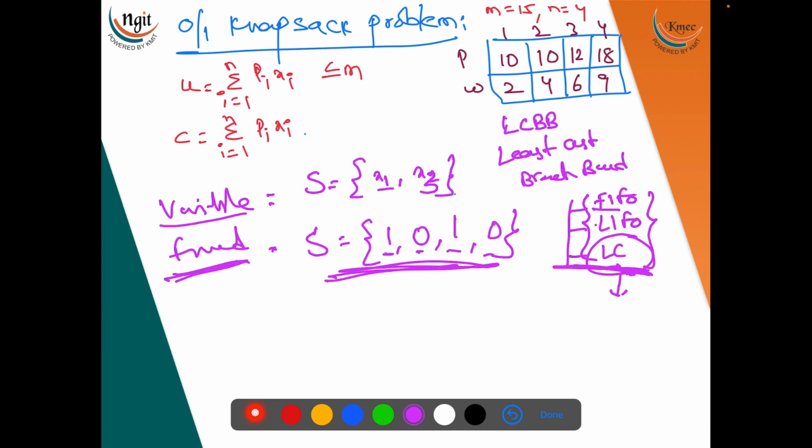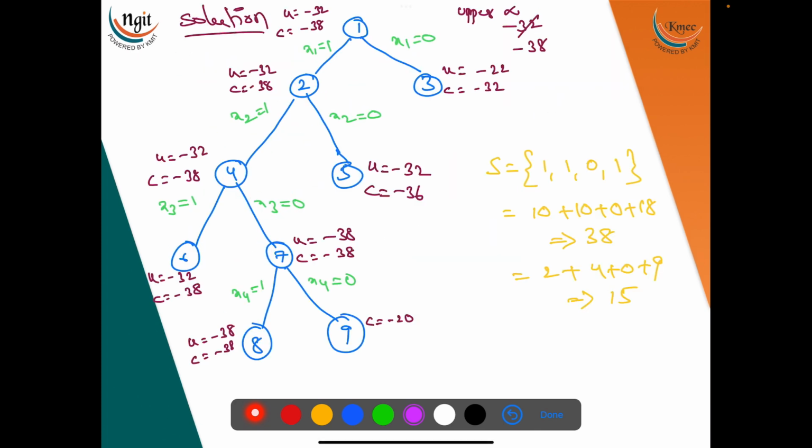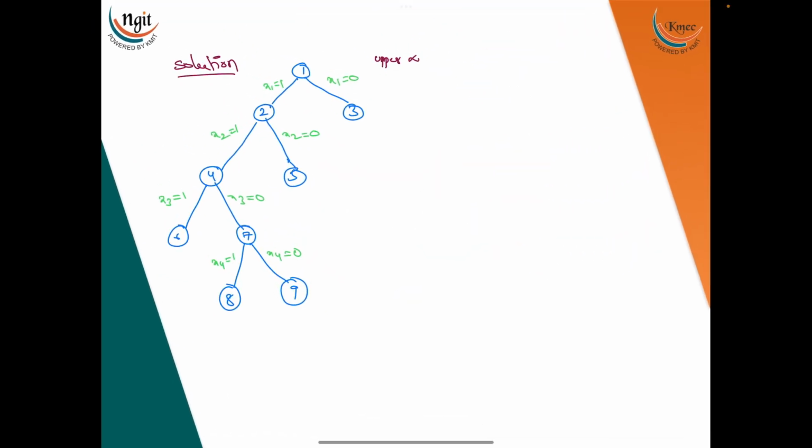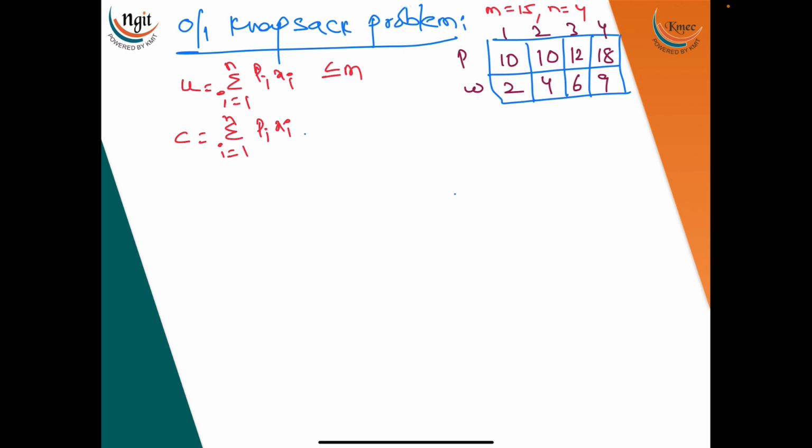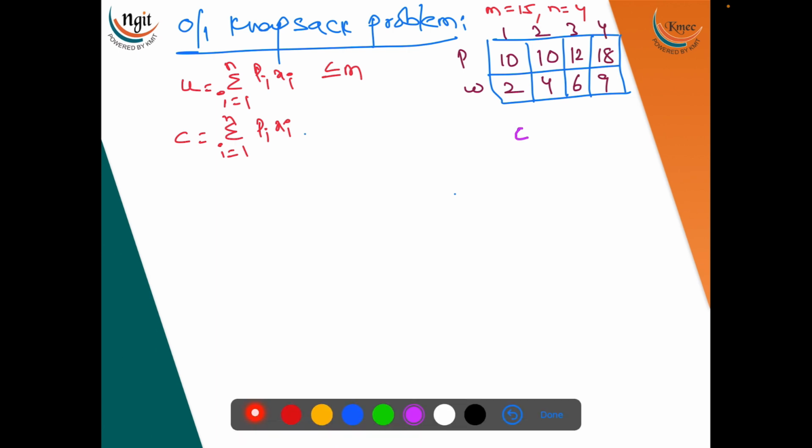Now I'm going to solve this problem in this form of solution using LC branch and bound. Now let's go ahead. We will start from the beginning and generate a state space tree. Initially you have to calculate the cost function, and you should also know the capacity of the bag after placing each item inside of the bag.